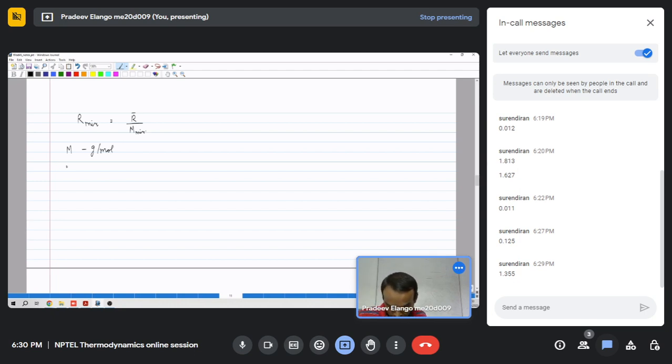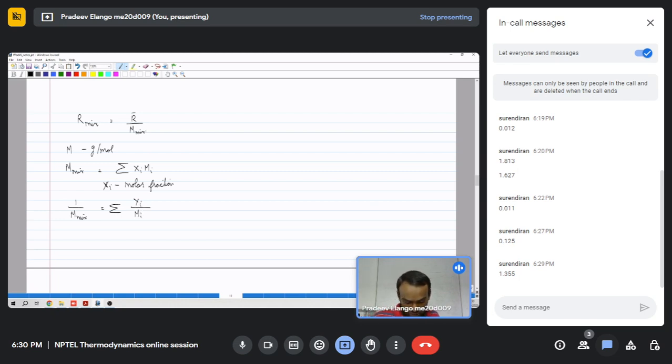If you want to find the molecular weight of the mixture, then we can have a summation of xi mi if xi is the molar fraction, but we are given only the mass fraction. So for mass fraction we will have 1 by M of the mixture is equal to summation over yi by mi.